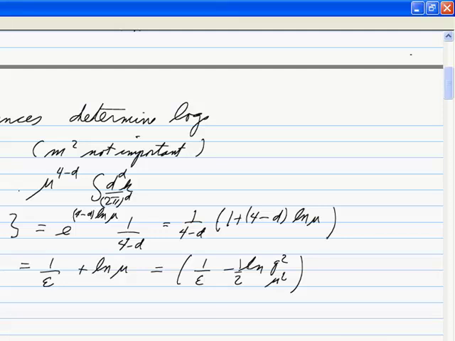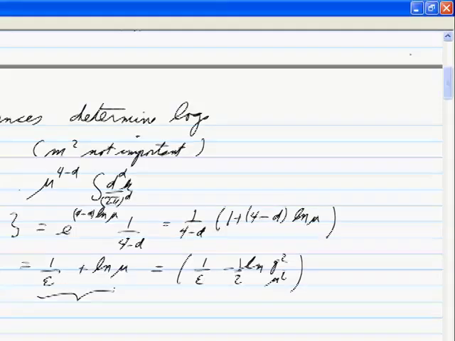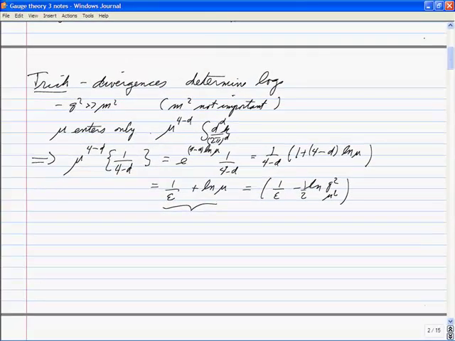So mu dependence always comes exactly tied to 1 over epsilon. They have the same coefficient. Log mu and 1 over epsilon always have the same coefficient, because the only place that it arises is there.